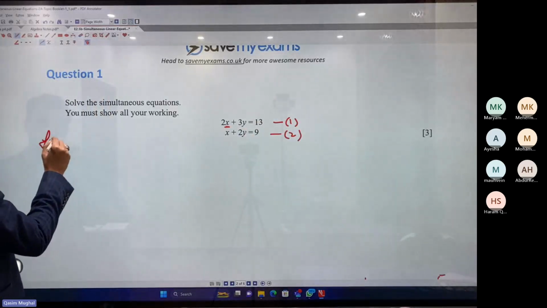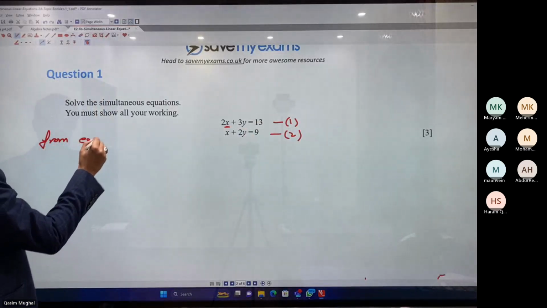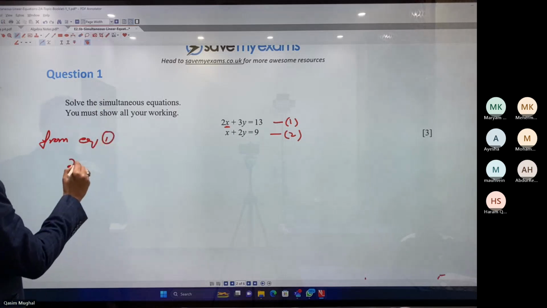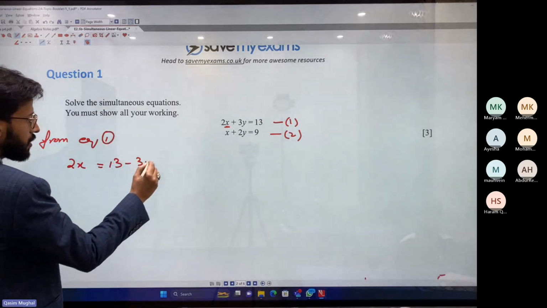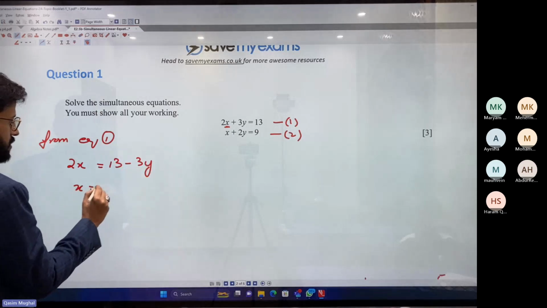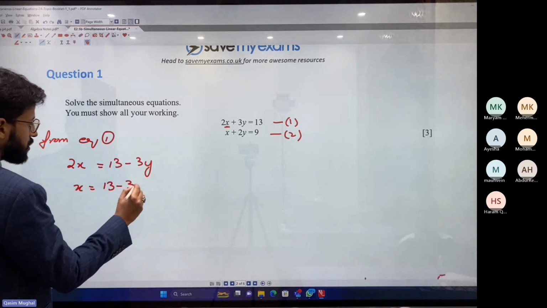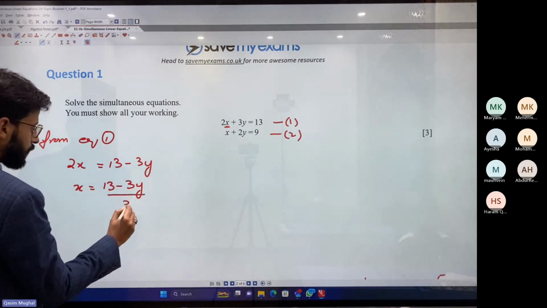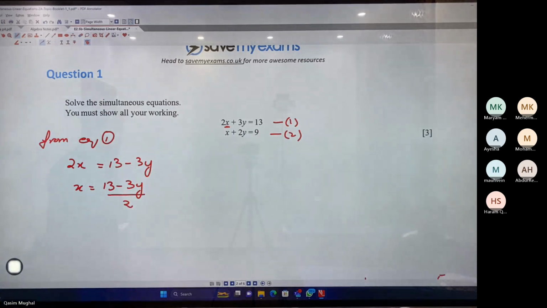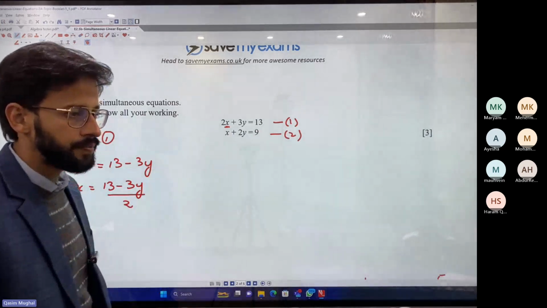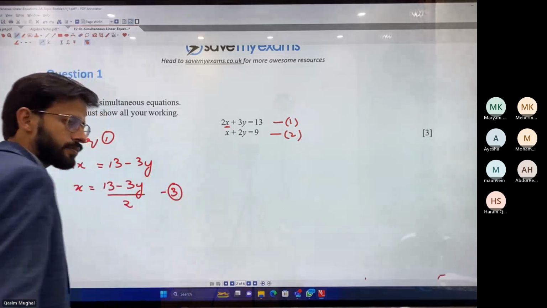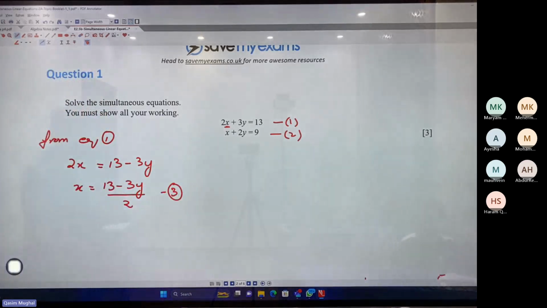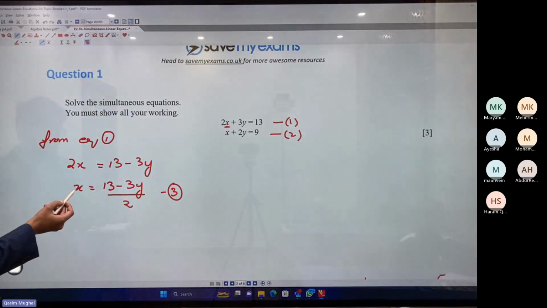So let's declare from equation 1, 2x equals 13 minus 3y, x equals 13 minus 3y over 2. ठीक हो गया यहाँ तक clear है? Let's call it equation 3, where I have x, the subject of the equation.